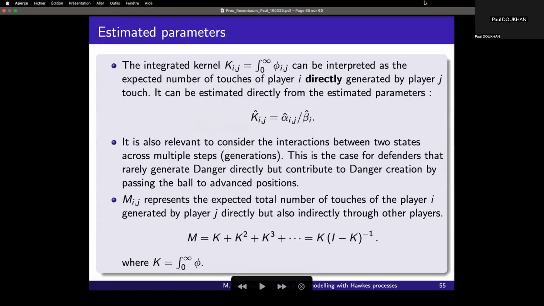So how are we going to measure the influence of a player? Think about the population interpretation of Hawkes processes. If player i touches the ball, it's going to generate children. But here it's a multi-dimensional Hawkes process, so you have children of different types. So when Messi touches the ball, on average, how much danger does it generate? This is the first metric.